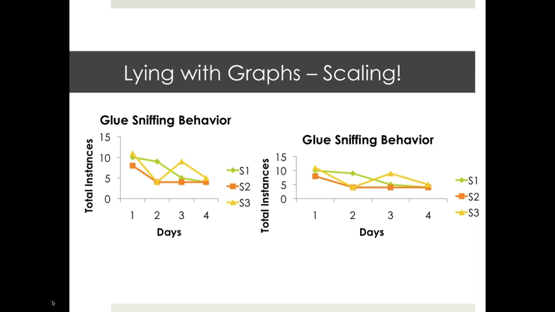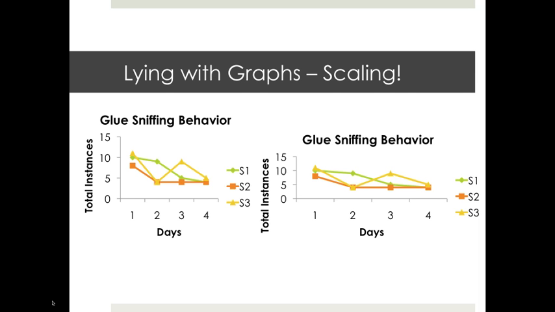I suppose I probably could have done it by 2s and then stopped at 14 because there's no data point that's up above an 11, it looks like to me. So that's a little bit of some rules of thumb. Now, let's also notice a couple things about the labels here. Everything's labeled pretty well. Glue sniffing behavior in general. Total instances, I should probably say total instances of what. And then the days that we recorded it on.